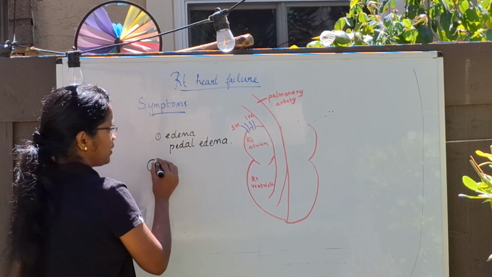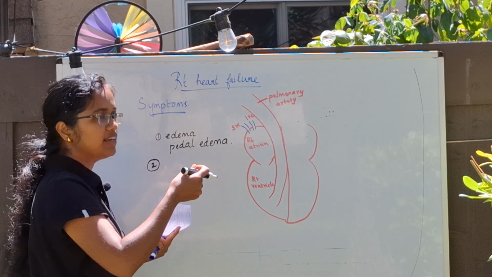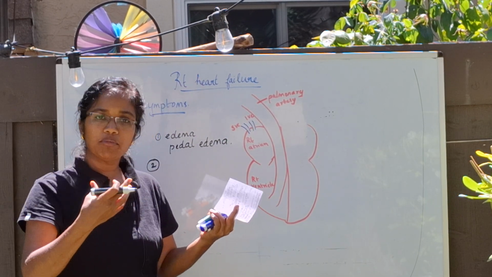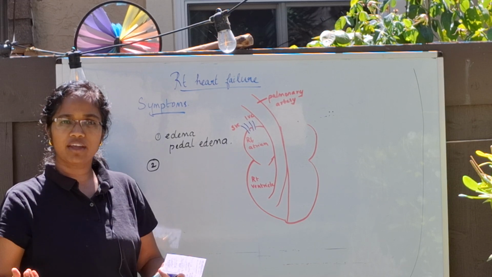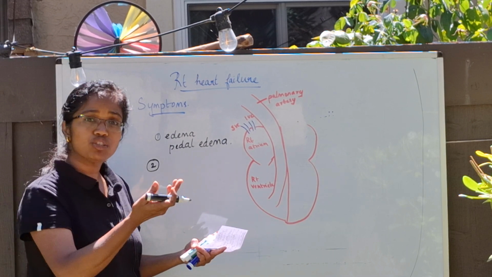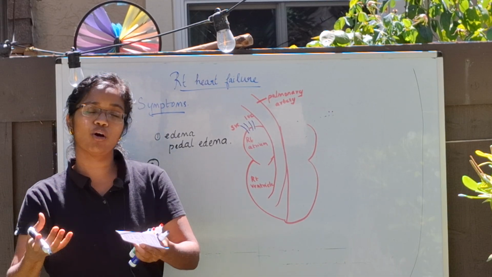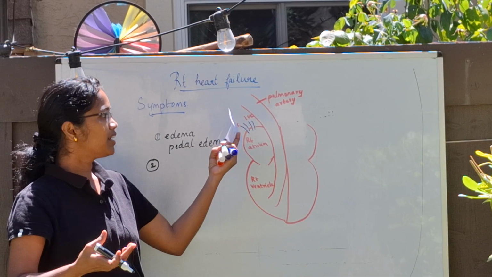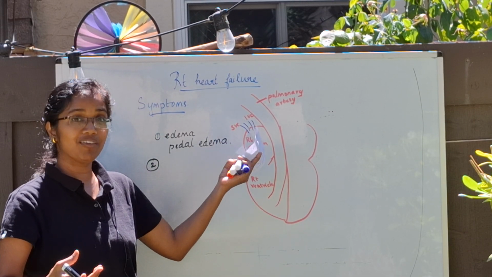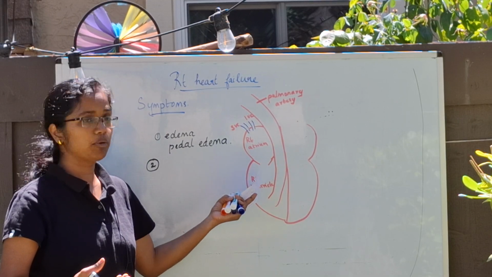The second thing is that the SVC and the IVC drain important organs like the liver and the spleen, so those organs also cannot be drained. The venous blood from the liver has to be emptied via the SVC and IVC into the right atrium and the right ventricle.